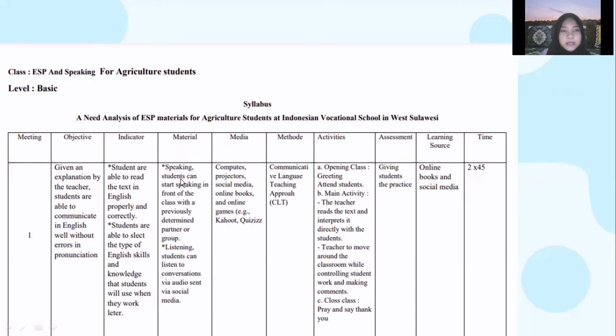Material: there are speaking, where students can start speaking in front of the class with a previously determined partner or group, and listening, where students can listen to conversation via audio sent via social media. And then media: computers, projectors, social media, online books, and online games, for example Kahoot and quizzes. Method: communicative language teaching approach or CLT.